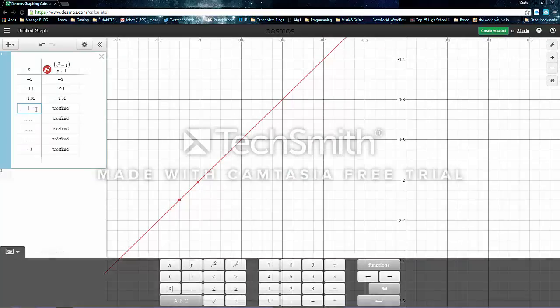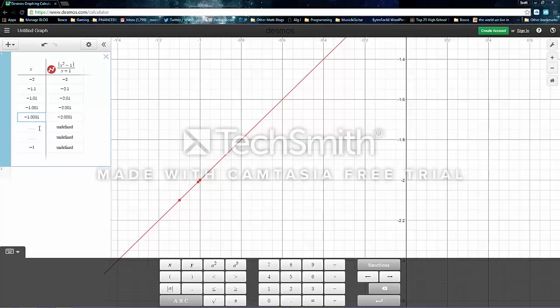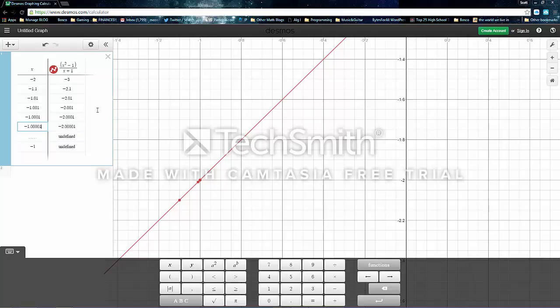And let's make it even smaller. Negative 1.001. And we could go forever like this. And finally, negative 1.00001.